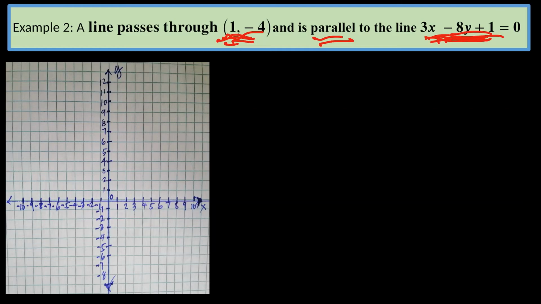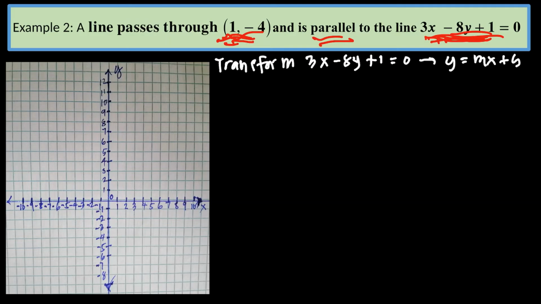So we can transform 3x minus 8y plus 1 equals 0 to y equals mx plus b, the slope-intercept form. We have 3x minus 8y plus 1 equals 0, and this will give us negative 8y equals negative 3x minus 1.